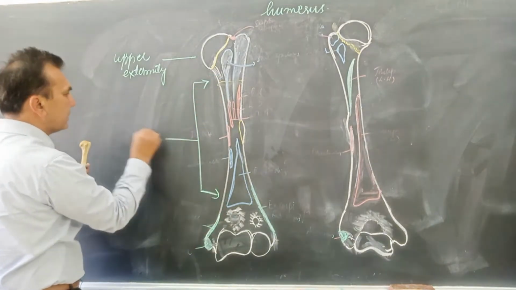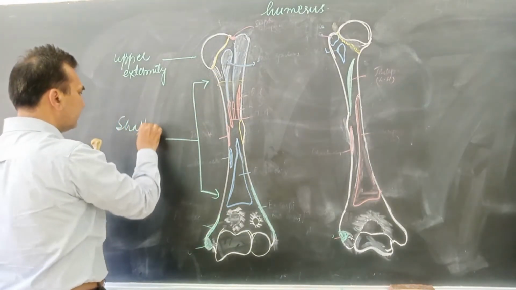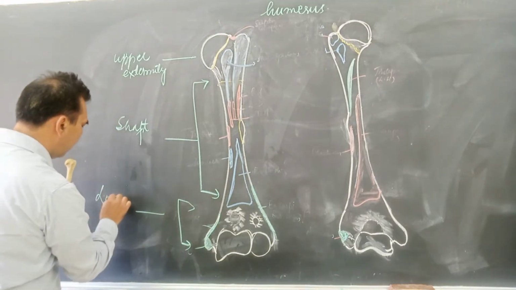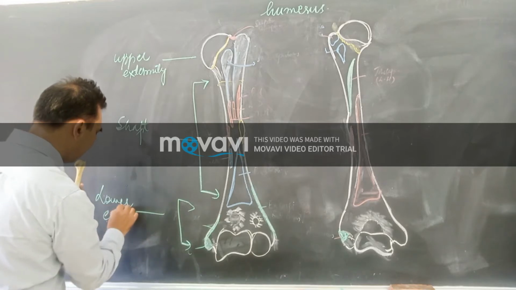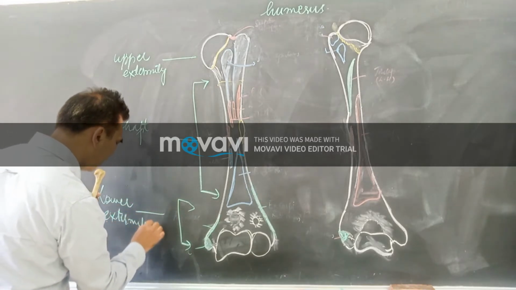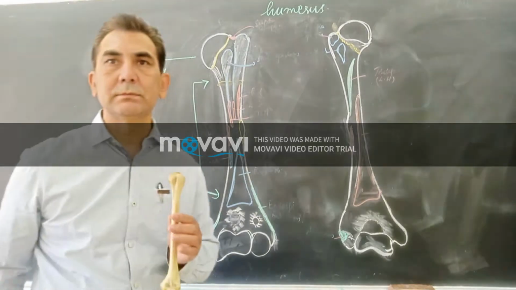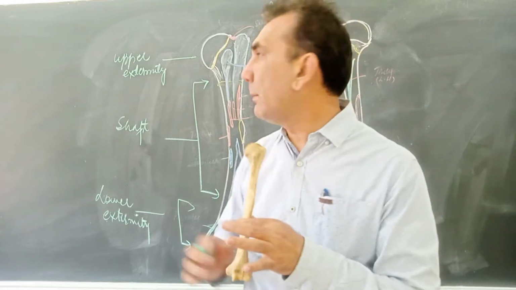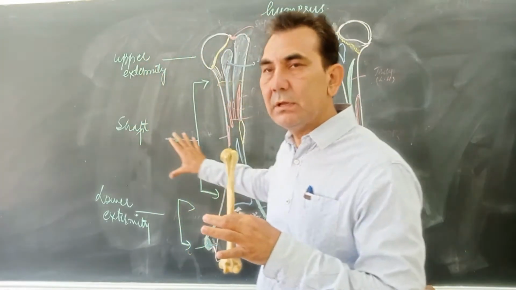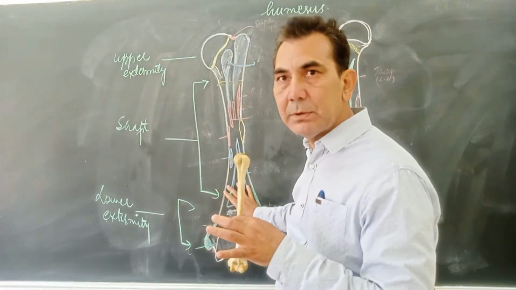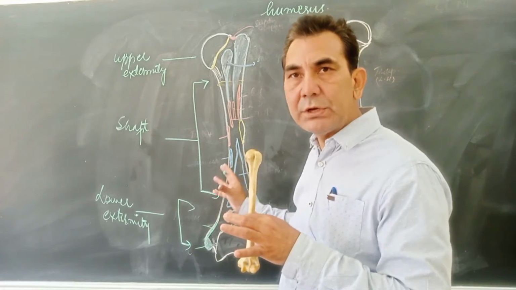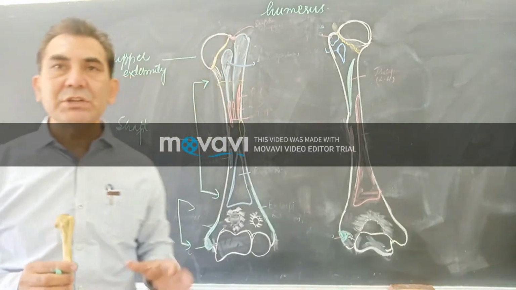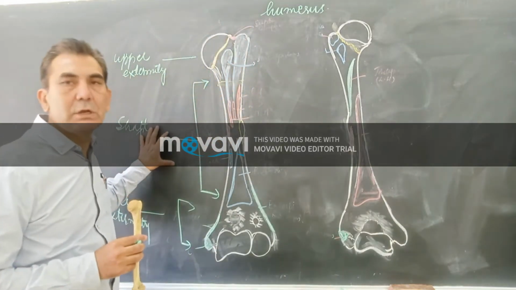The major portion is called the shaft of the bone, which is the most compact in density.